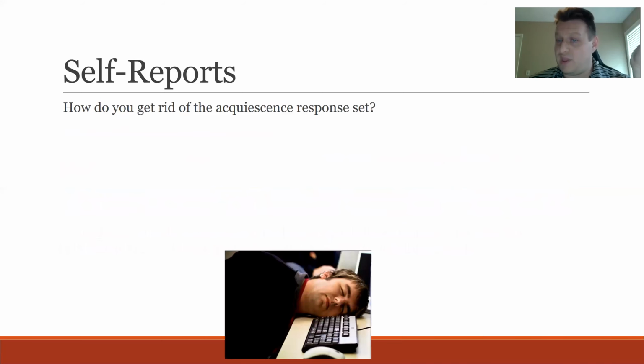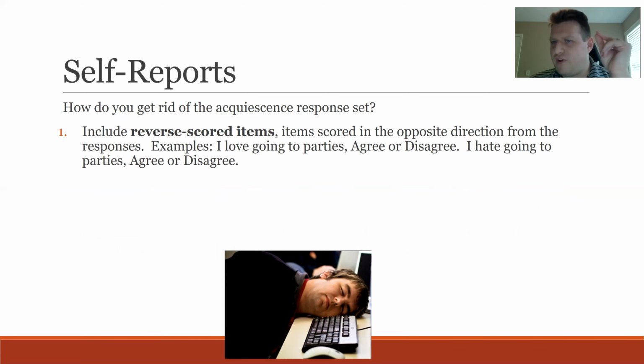All right, how do we get rid of lazy people? How do we get rid of acquiescence response set? There's a few creative ways of doing this. One fairly simple way, and something that we always want to include on any of our self-report measures, especially Likert type items, is to include reverse coded questions. Reverse coded questions are questions in which, let's say that we have a measure of how hardworking you are.